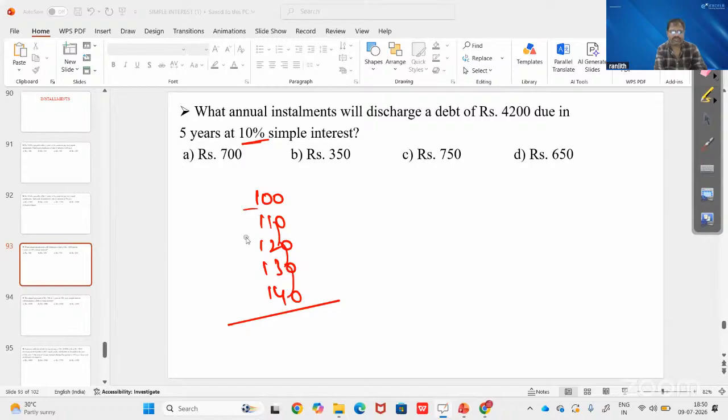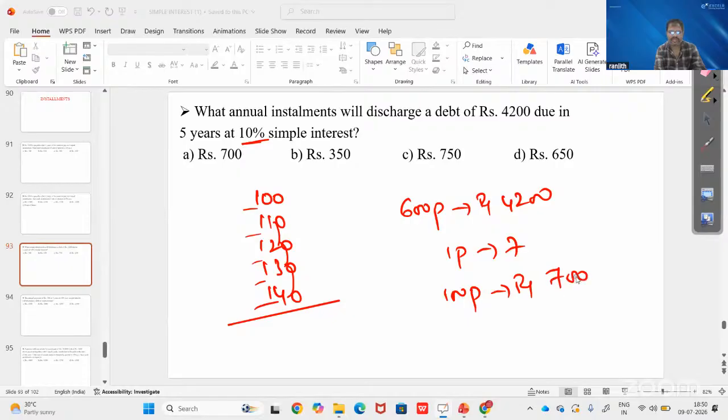So 1, 2, 3, 4, 5. Total equals 600. 600 parts equal rupees 4,200, where 1 part equals 7, then 100 parts equal 700 rupees.